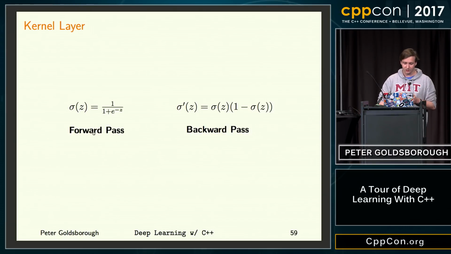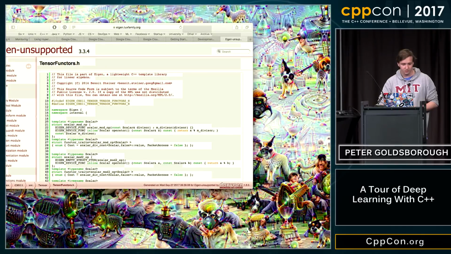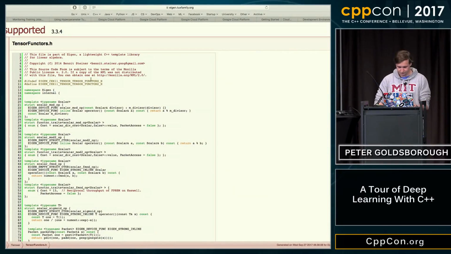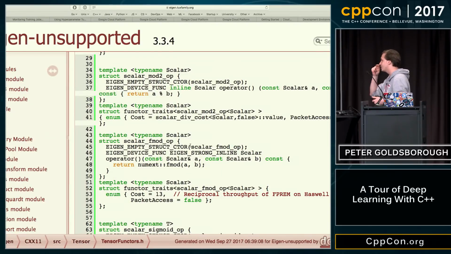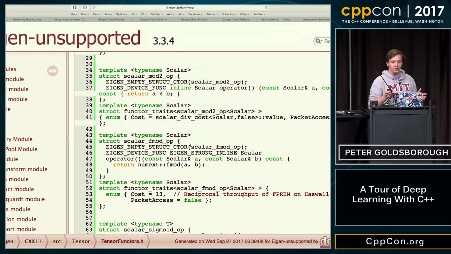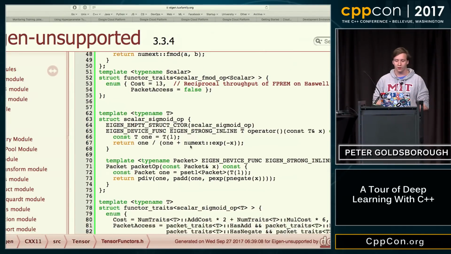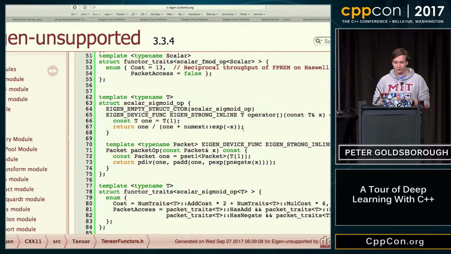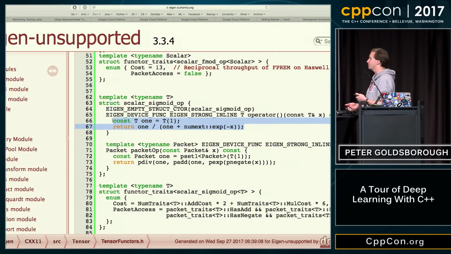And in this case, I can actually very quickly give you a look into what a kernel would look like. This is Eigen. Eigen is a matrix manipulation library that's used by TensorFlow. I just want to give you a very quick look at what a forward pass of a kernel would look like. We'll look at a lot more code later on. So here is the scalar sigmoid op, and this is what TensorFlow, for example, uses for the sigmoid operation. It's very simple.